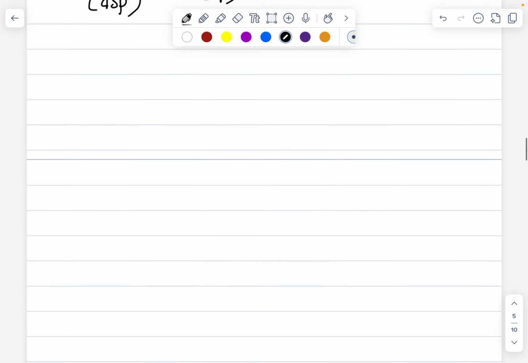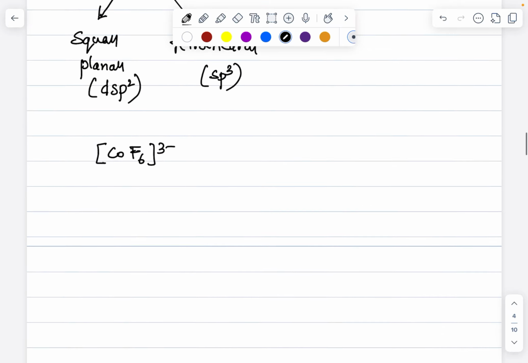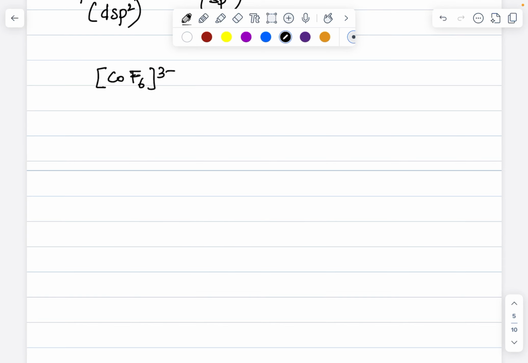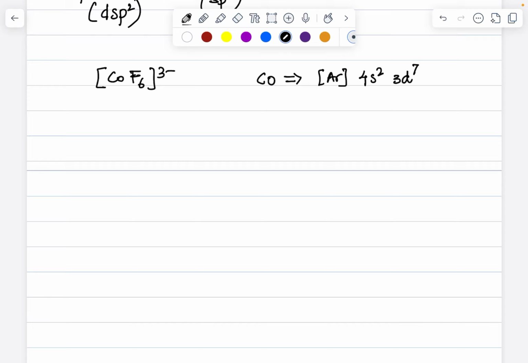So I'll start. The complex is cobalt F6 3 minus. Now we'll write the electronic configuration of cobalt. Cobalt's electronic configuration is argon 4s2 3d7, right?